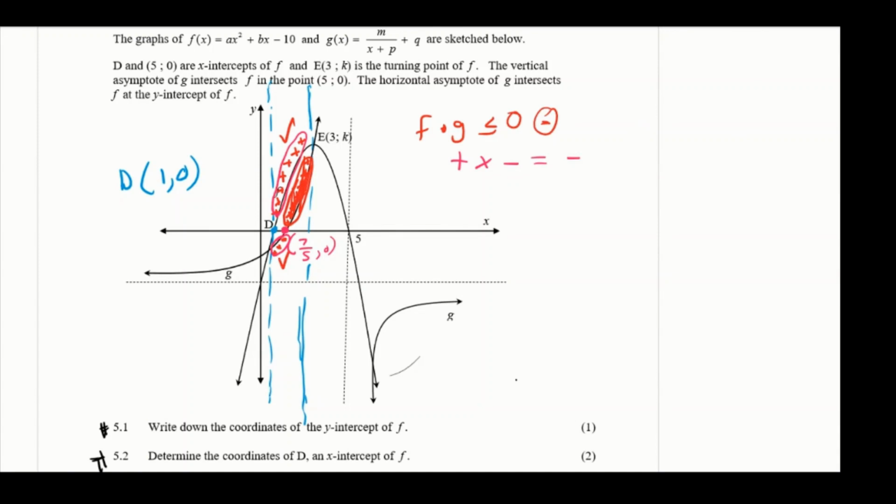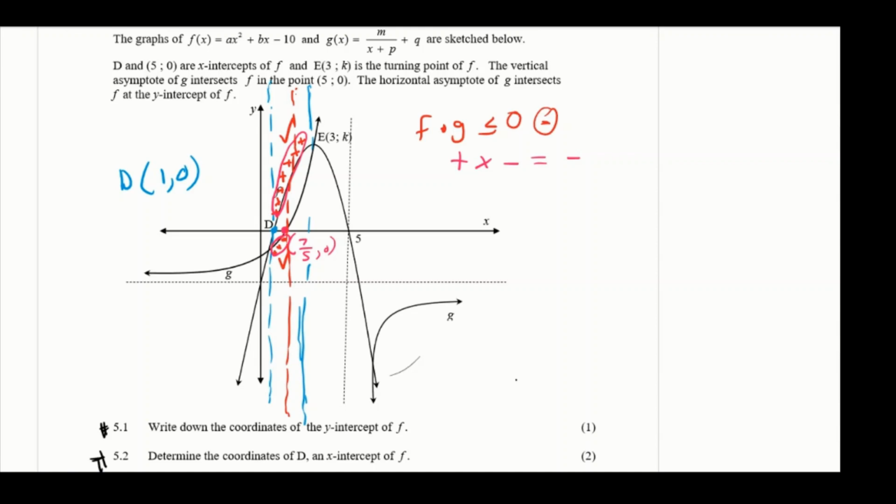So where does that happen? If I erase the part that we are neglecting and we focus on where x is equal to 7 over 5, I need to create a boundary from this point going downwards.